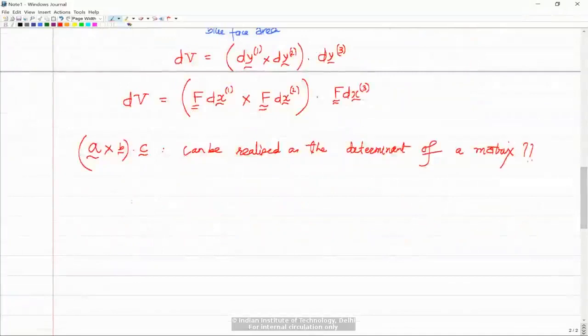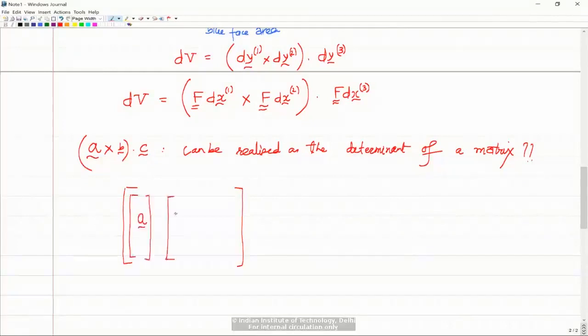The way to do that is, think of a matrix whose columns are A, B, and C. So the first column, form it from A, okay? Second column, form it from B. Third column, form it from C. And here you have this matrix.